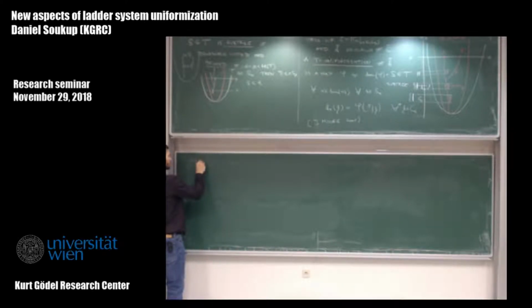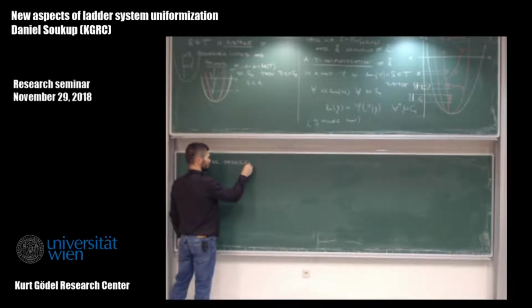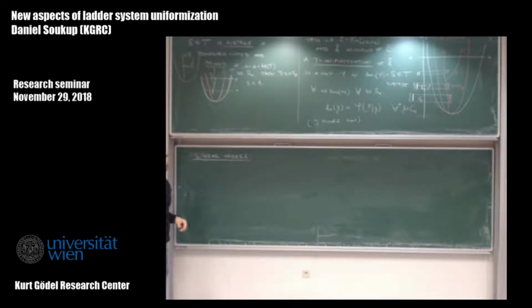So linear orders. After Whitehead groups, this is the other application that I like to mention. First observation: if you take an infinite linear order, then it either contains a copy of omega, an increasing infinite sequence, or an infinite decreasing sequence.